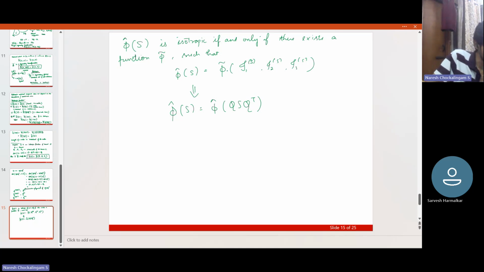But to show the converse, suppose we have two tensors A and B with the same invariants.